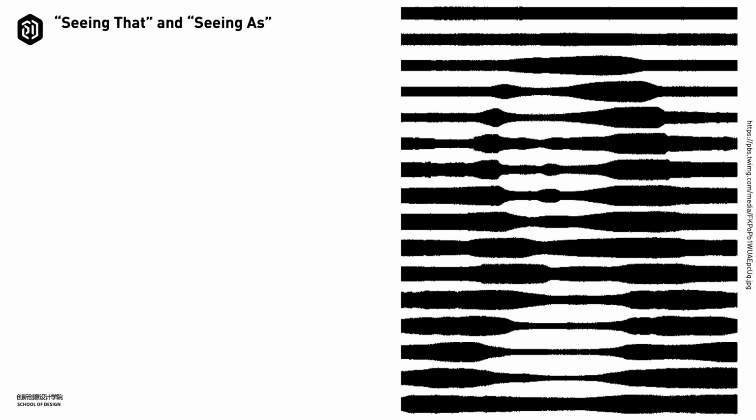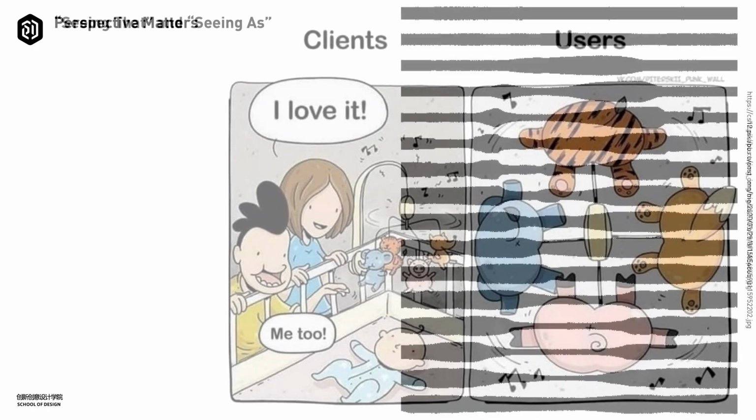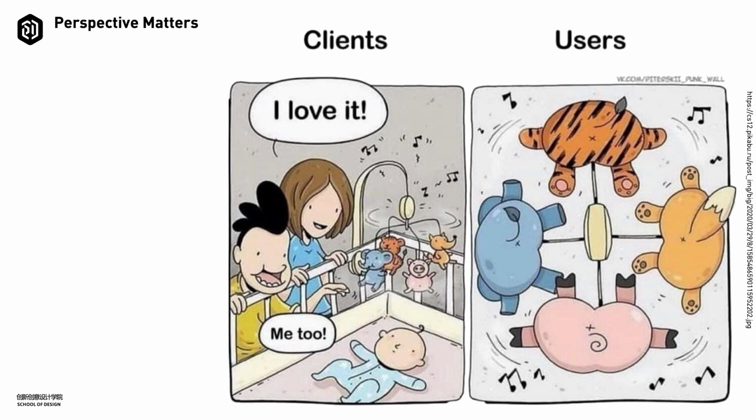It's very natural for a child to look at the clouds and to see animals. And we have to professionally, as designers, recognize that what we see from our perspective may not necessarily be what others see or what others appreciate. Like in this example, the client might say, I love it, but the end user maybe not so much.